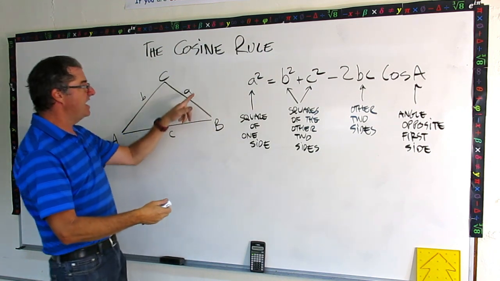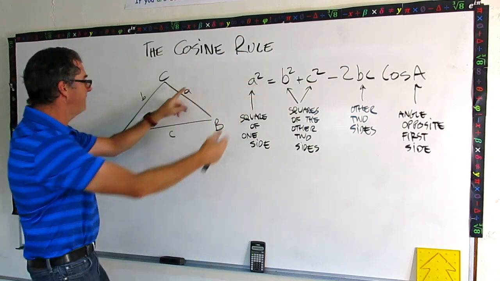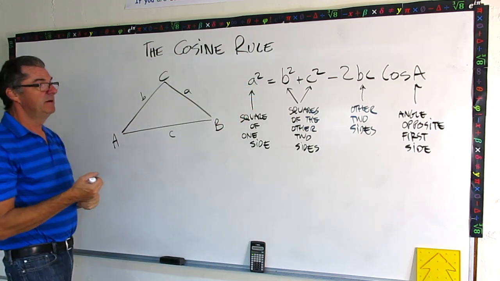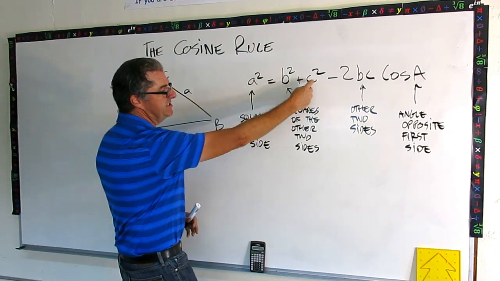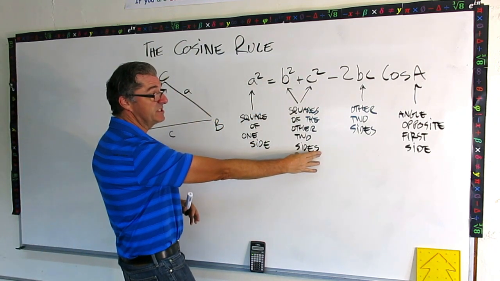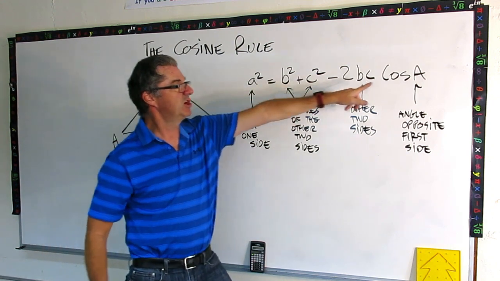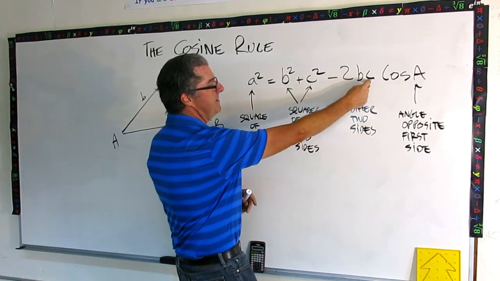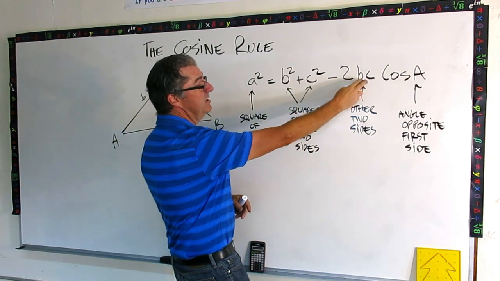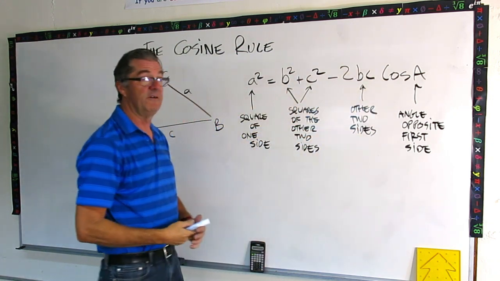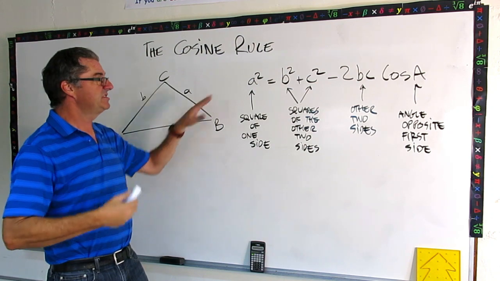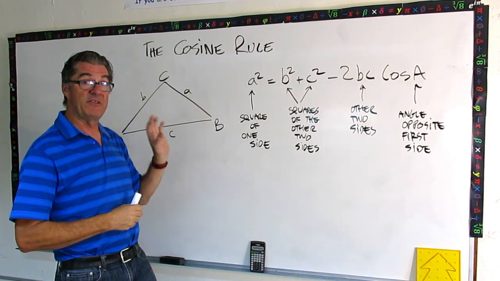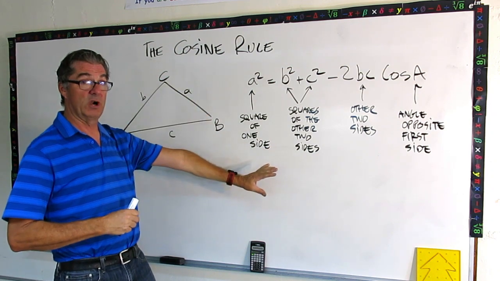If I know that side, a squared, then at the very end of the formula I'm going to have cosine of big A. Now in between, pretty straightforward, b squared plus c squared is just the square of the other two sides. And then this term is the kind of messy one. We just have minus 2 times b times c, same two sides as here, times, again, that cosine of A. So this is definitely a good candidate for your cheat sheet, and you probably want to have an example problem on there just so that you can see how this works.